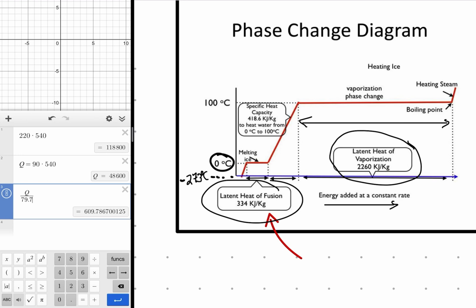So the fact that it is a long horizontal line with no temperature change to overcome vaporization shows how much more energy it takes to overcome that phase change as compared to the melting phase change, and also compared to these little diagonal parts, because this is the part where you actually have specific heat, you have temperature change and no phase change.